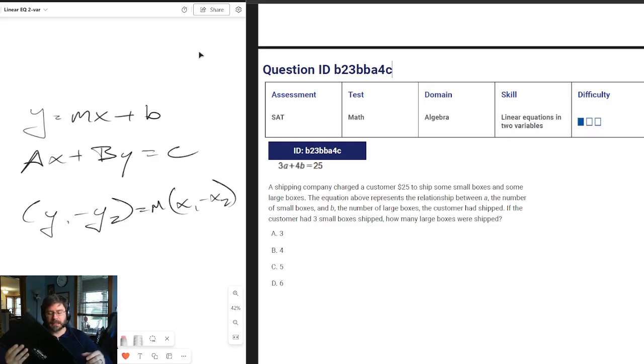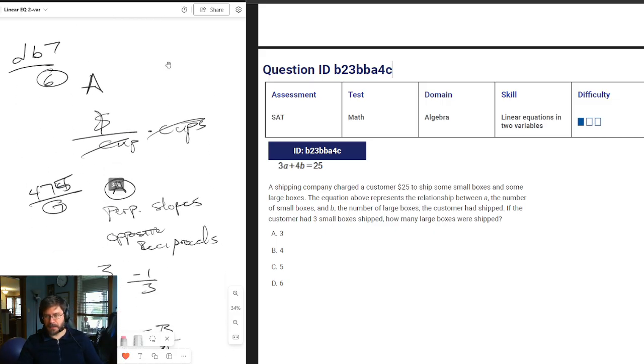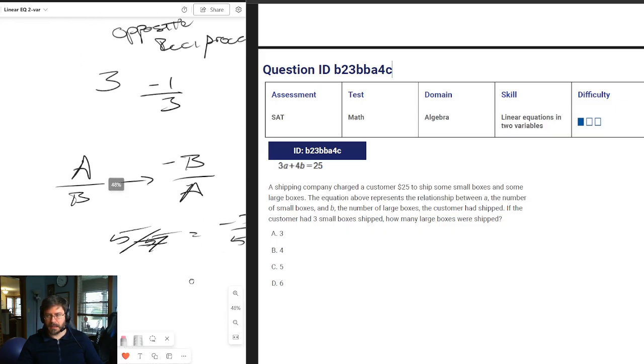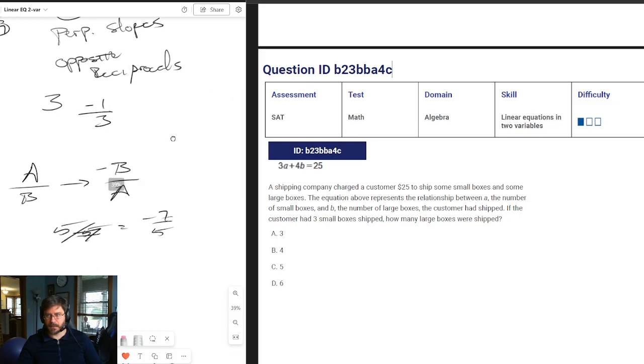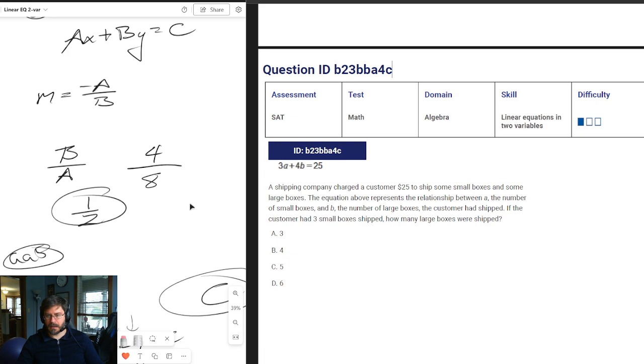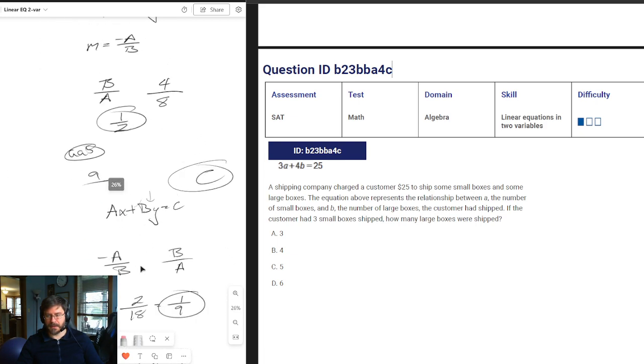We've also got standard form, ax plus by equals c, where we discussed last video that negative a over b is our slope. Negative a over b. And we did some perpendicular things with that.